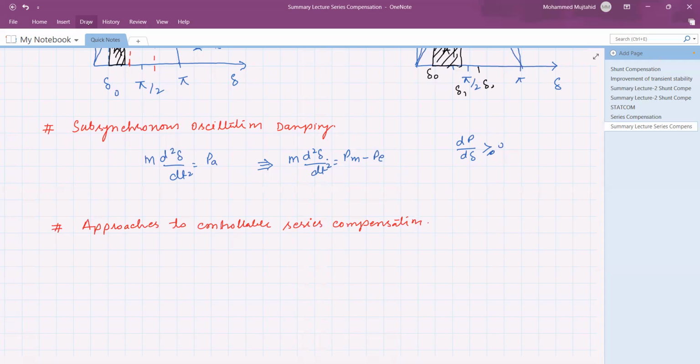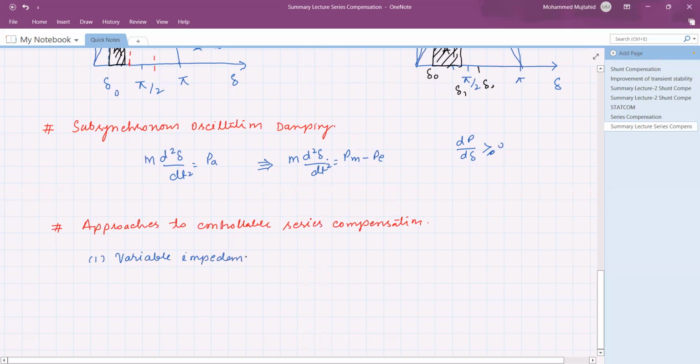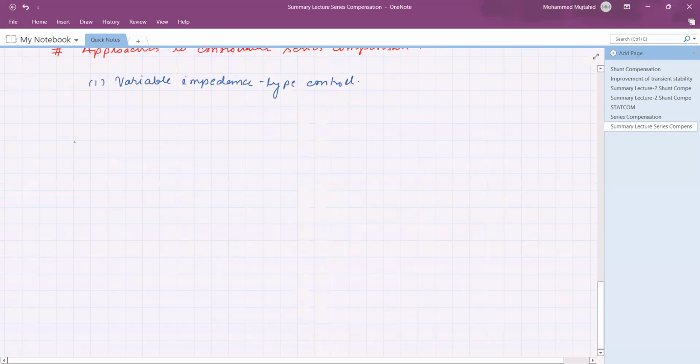The first method is called variable impedance type control, and the second is called switching converter type series compensation.